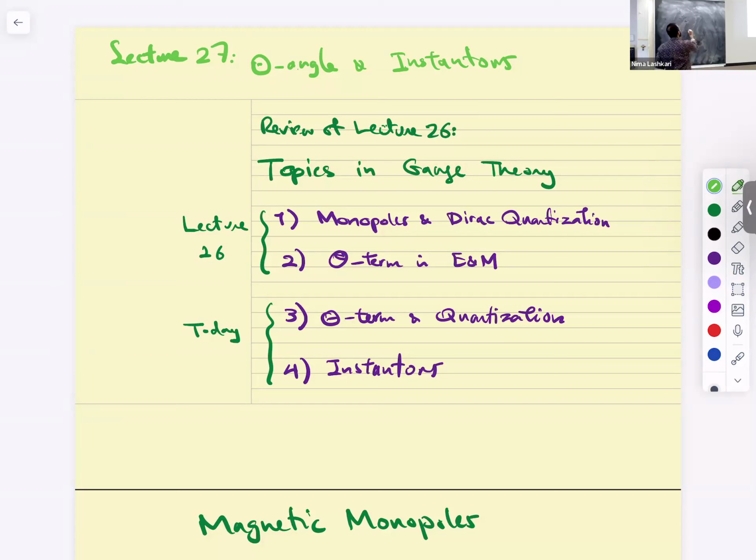So at each point, we thought of this as an S1. So let's say there's a U1 theory. If there's no flux here, you could trivialize this bundle at every point. You could set A mu to 0 at every point. When there's flux here, depending on the number of units of flux, there's topological obstructions.